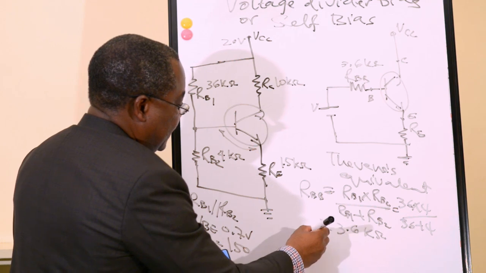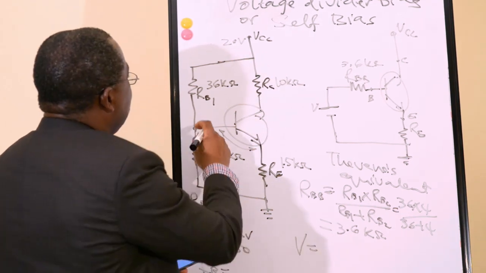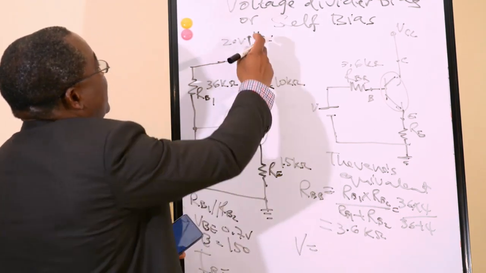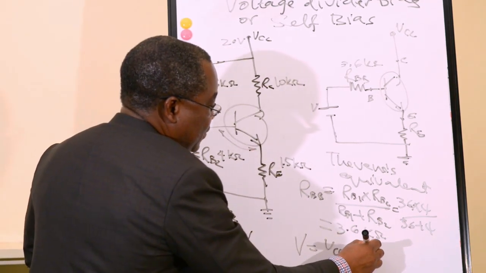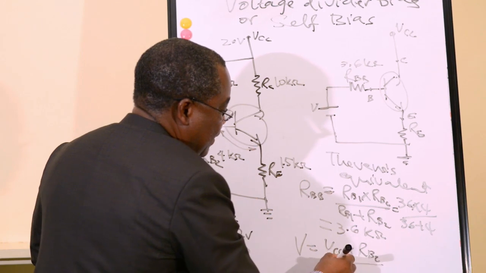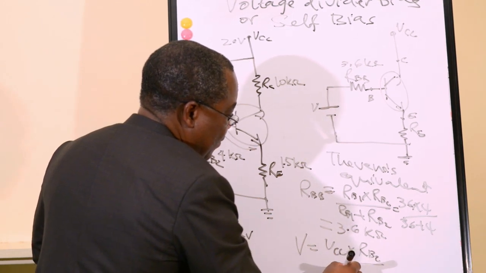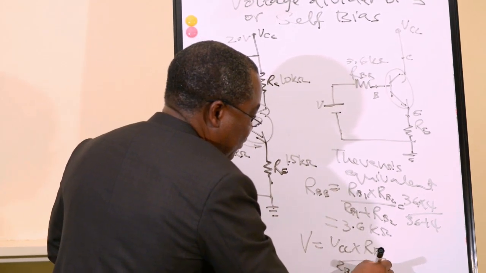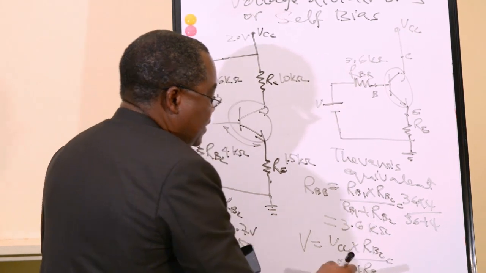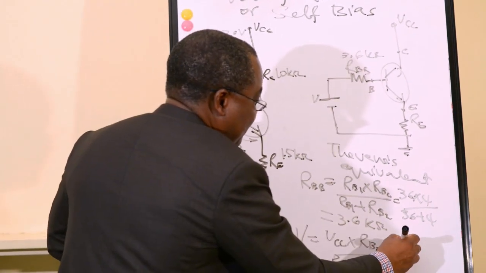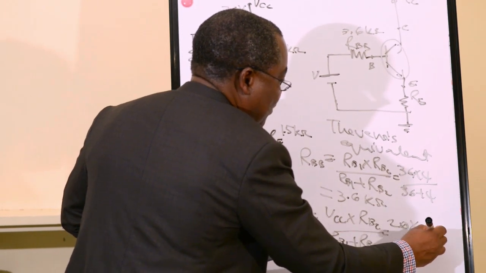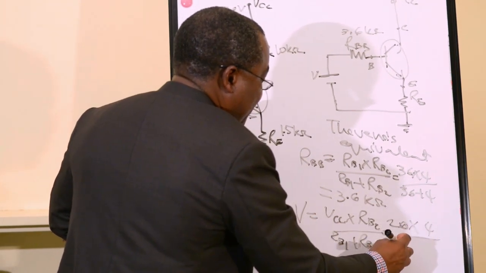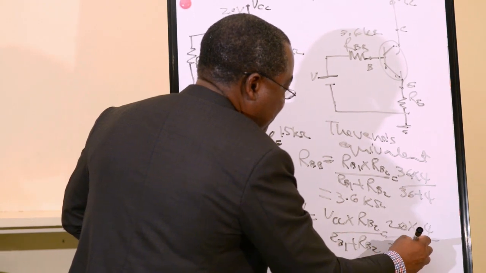Let's find the voltage. Since this is the voltage divider, we take VCC times RB2 over RB1 plus RB2. So this is equal to VCC, which is 20, times RB2, which is 4, over RB1 plus RB2, which is 36 plus 4.